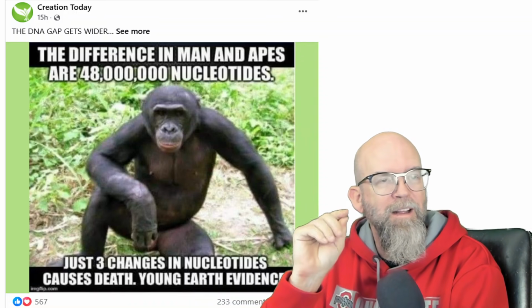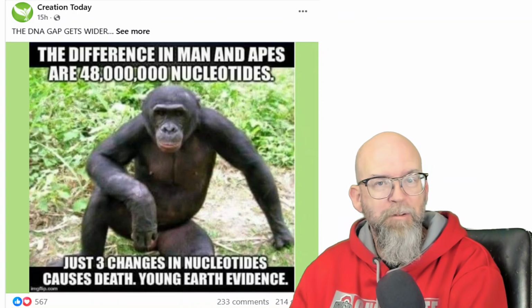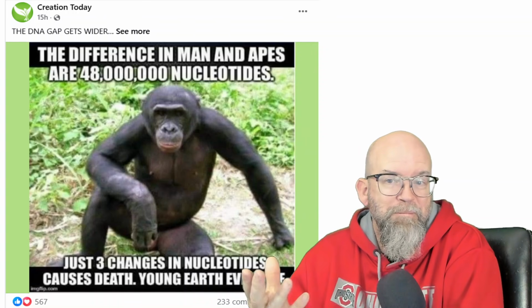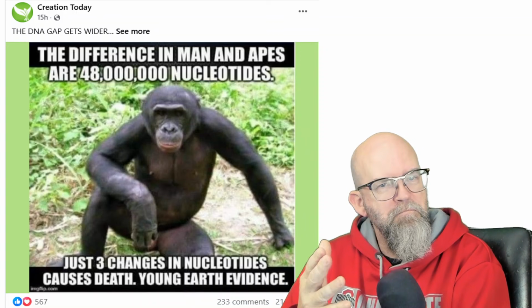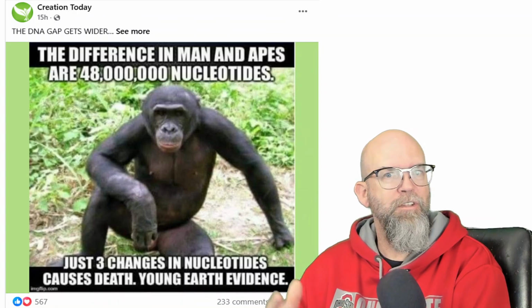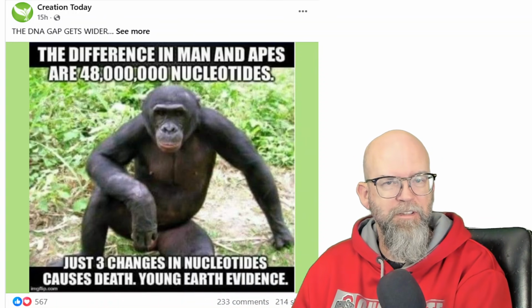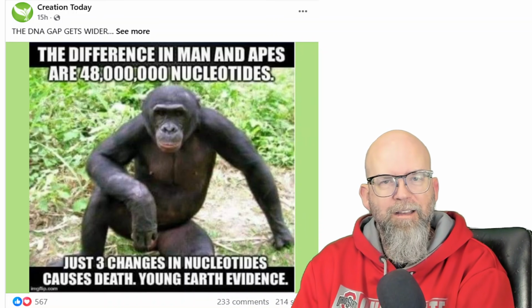I could point to tens of thousands of individual nucleotides in your genome that, if I were to change that one base, you wouldn't be alive. But most of the 48 million base pairs that are different between humans and chimpanzees are not very significant differences. They make no difference, really. It comes down to just a few differences, in fact.